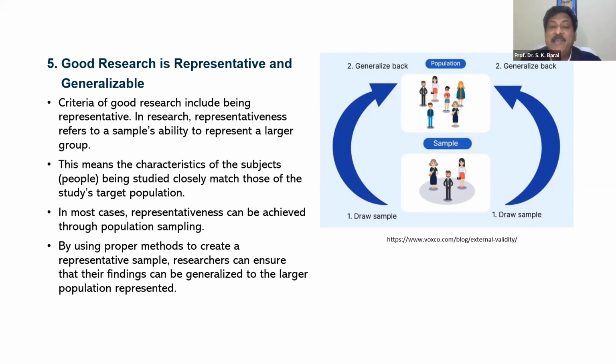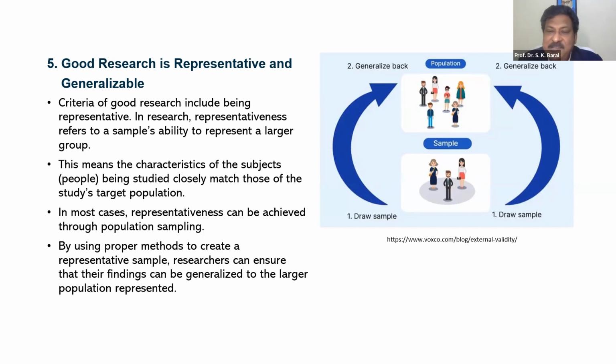Whenever our topic says that we must take a quite good number of population, in that case, we should take more sample from the population. Then only drawing a sample and generalizing will be more effective, because this is a good quality of a good research paper.